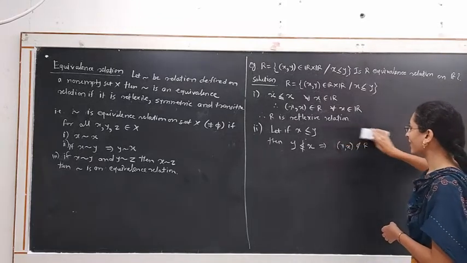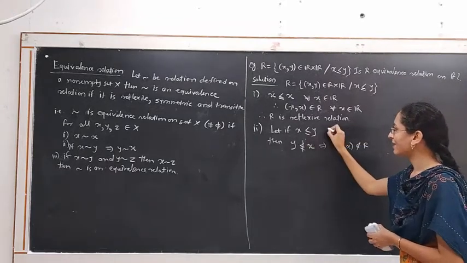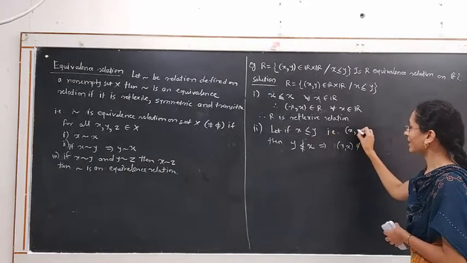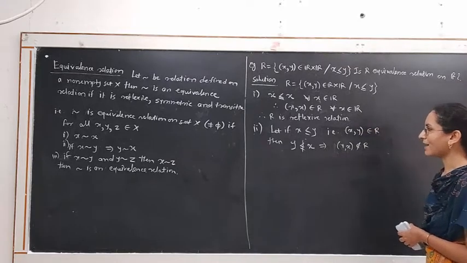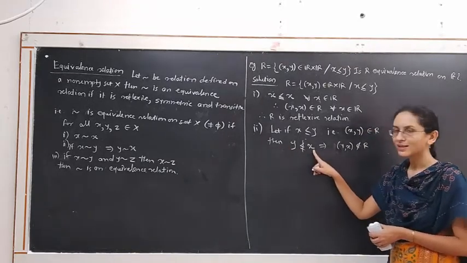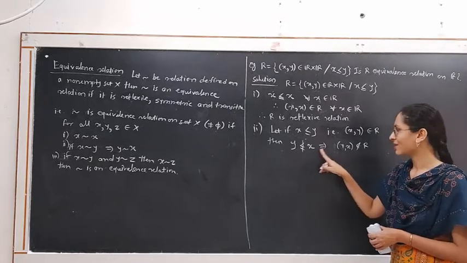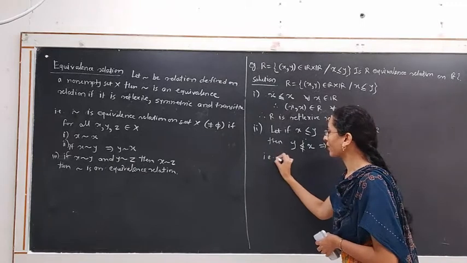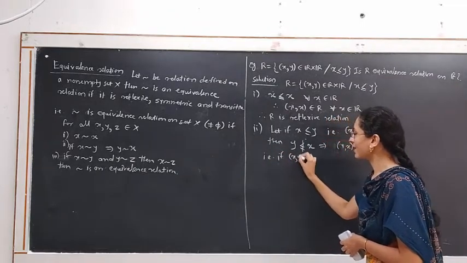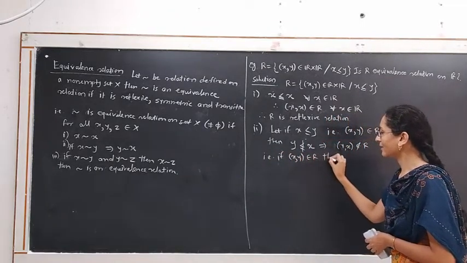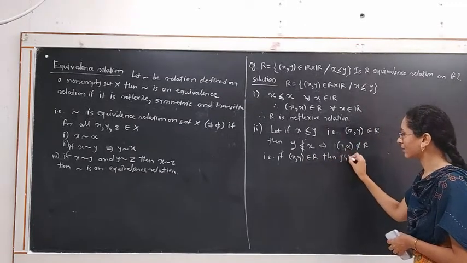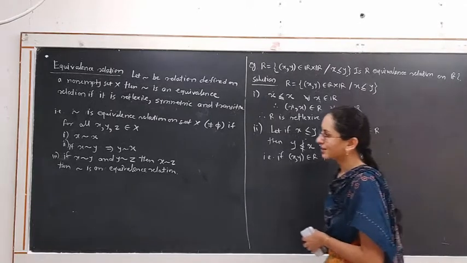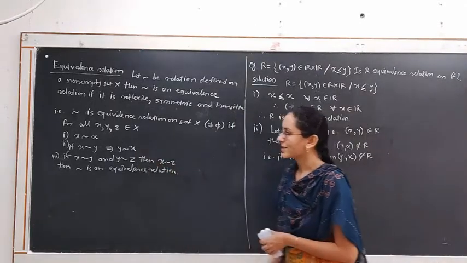What have we considered? If x is less than or equal to y, that is the ordered pair (x, y) belongs to set R, then y is not less than or equal to x, which implies (y, x) does not belong to R. In short, if (x, y) belongs to R, then (y, x) does not belong to R. Hence, the second condition is not satisfied.